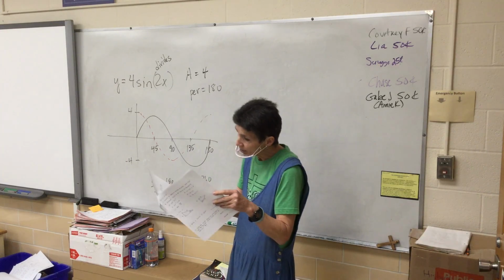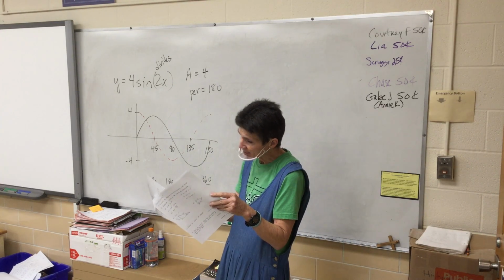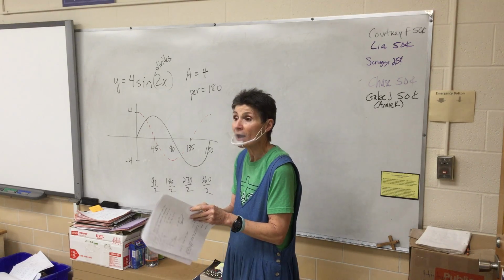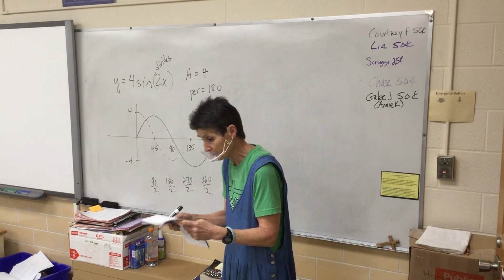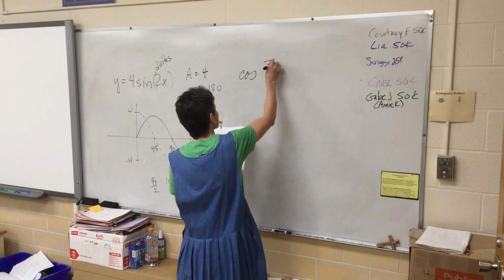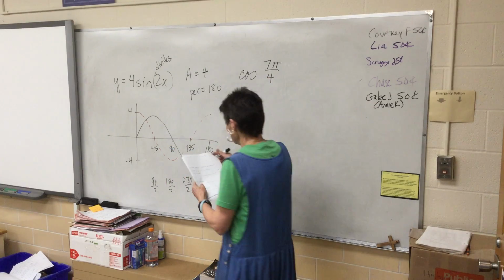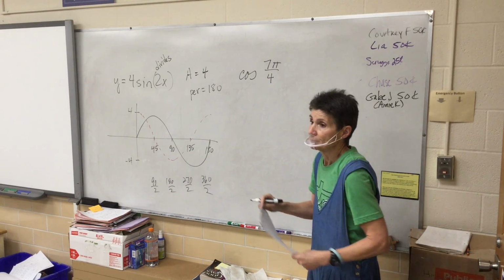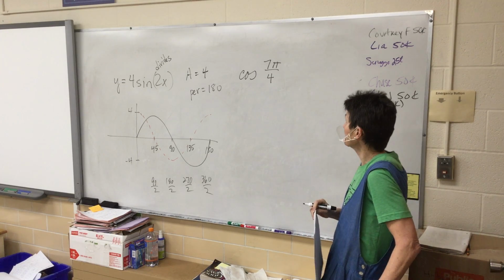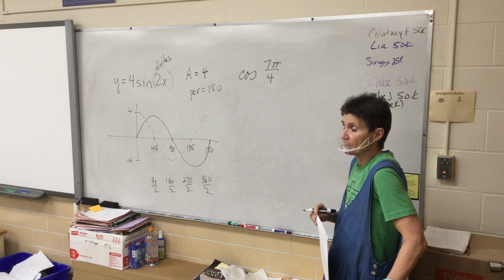So, according to my notes, we're on practice test 3, and we're ready for problem 5E. So 5E says find the cosine of 7 pi over 4.